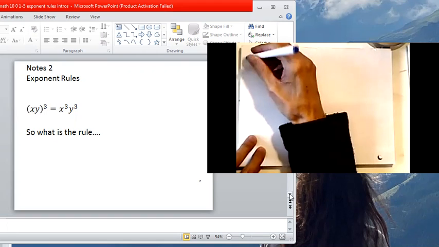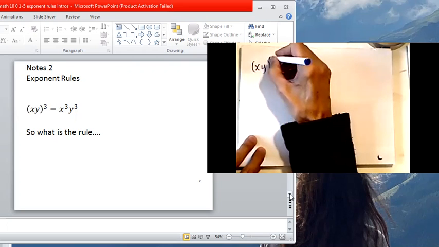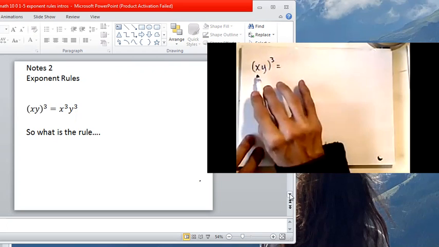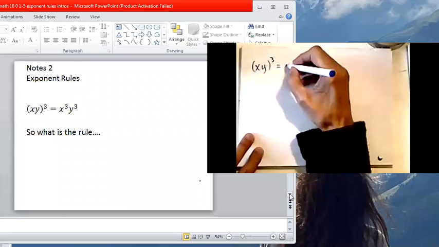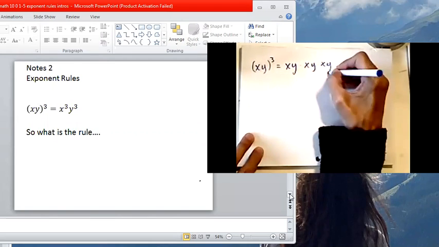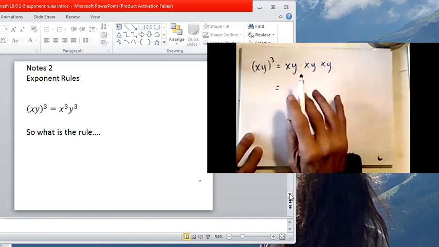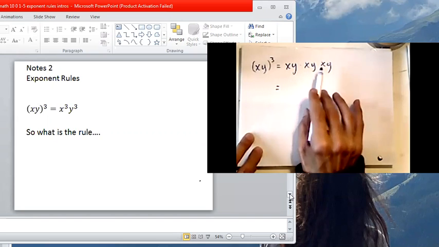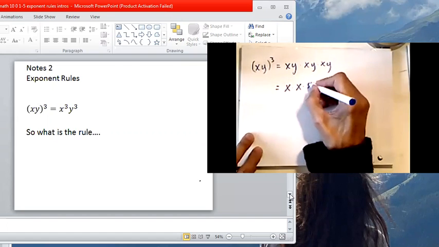X, Y. This is what we have. We have 3 of these all multiplied together. So we have 1, 2, 3. We can move the order around. So we have x times x times x, which is X to the 3.